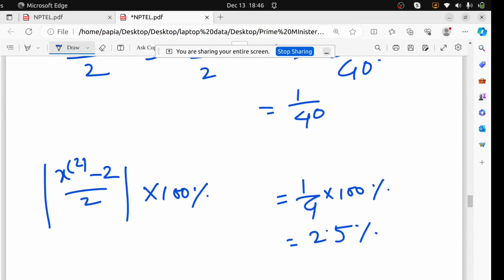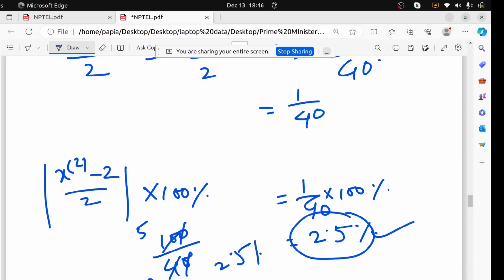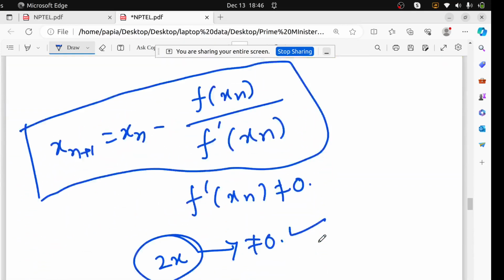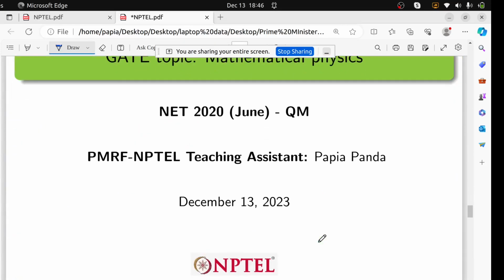The answer is correct. See, if it is 100 into 40, then it will be 2.5%. Sorry. You should tell me, yeah. That is 2.5%. Now it is fine, right? Yes, ma'am. Yeah. Fine. Okay, now we can go to the next question.